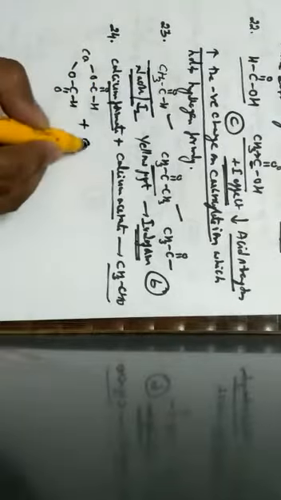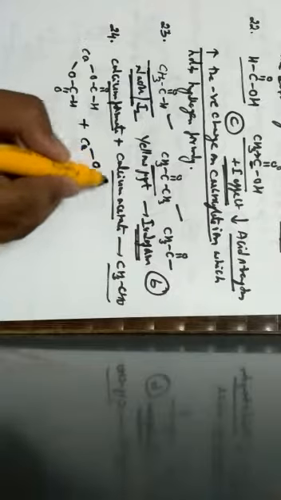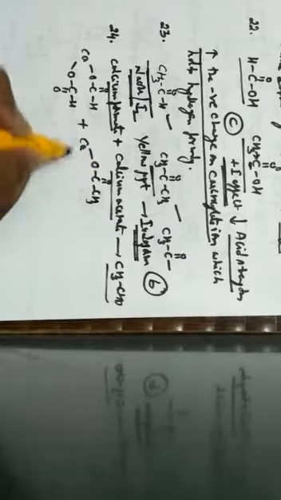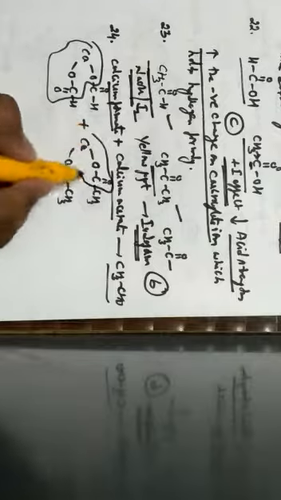So calcium formate is (HCOO)2Ca. This is calcium formate. This is calcium acetate. This is the formula for calcium acetate. Both calcium formate and calcium acetate, upon heating, lose calcium carbonate. So here entire calcium carbonate is lost.